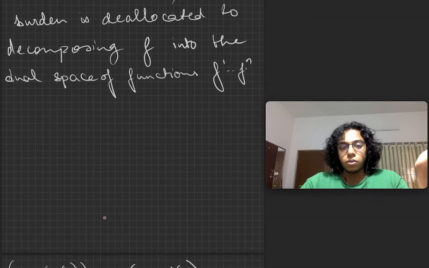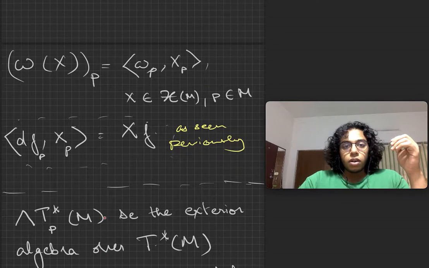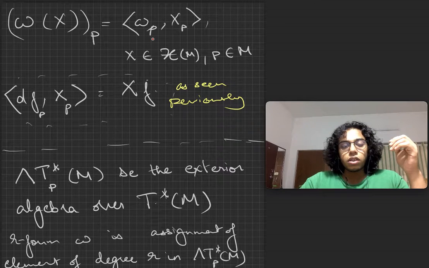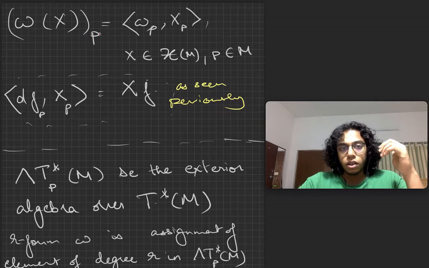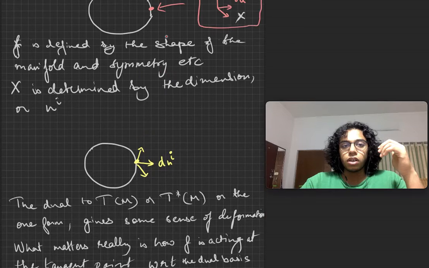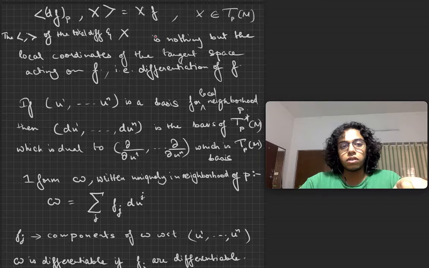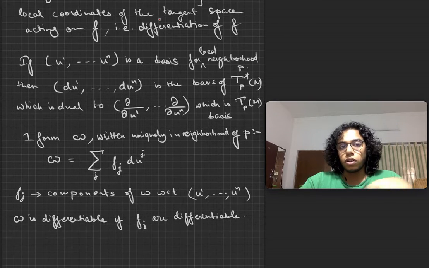Okay, so skip this. Now remember how we defined the angle bracket. If you take omega of x at a particular point, it means you are basically taking the angle bracket between omega of p and x of p. Now let's look at the angle brackets again. So df, this is your omega, and df at x of p is nothing but x acting on f, right?